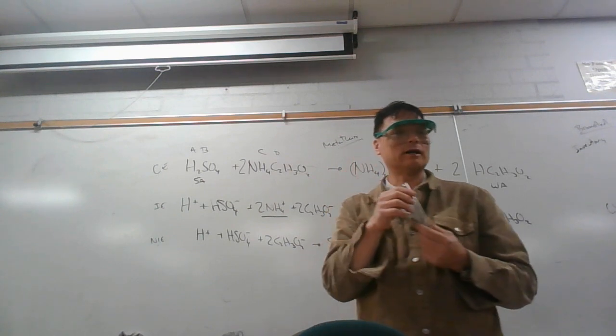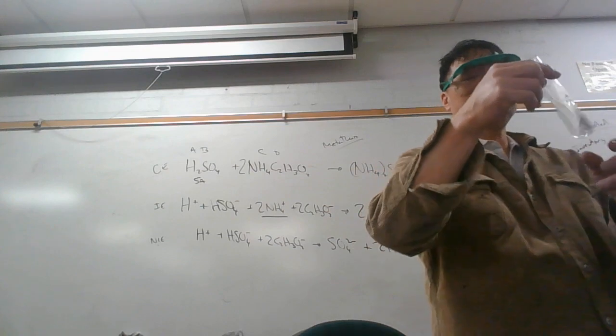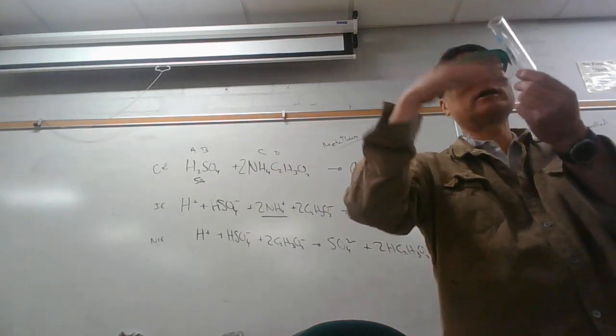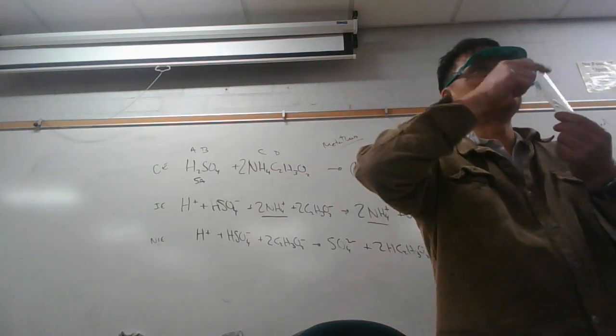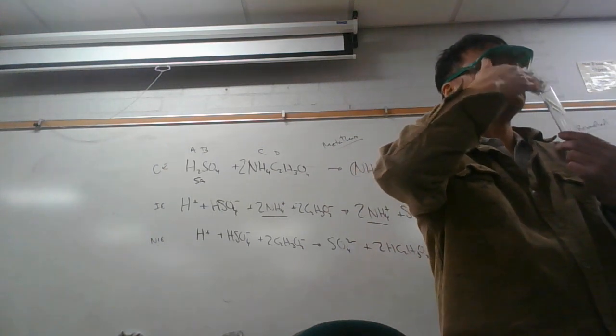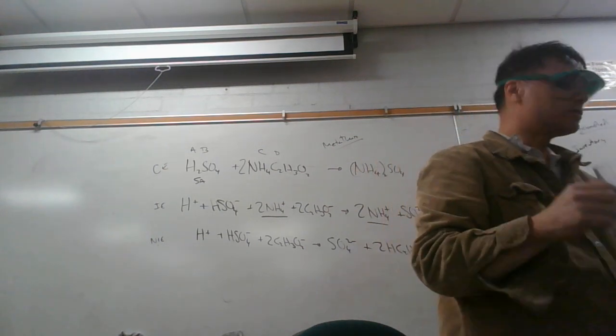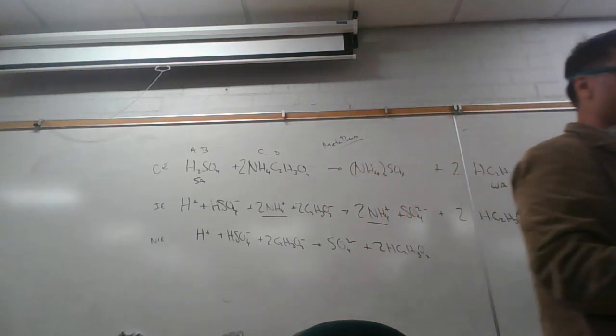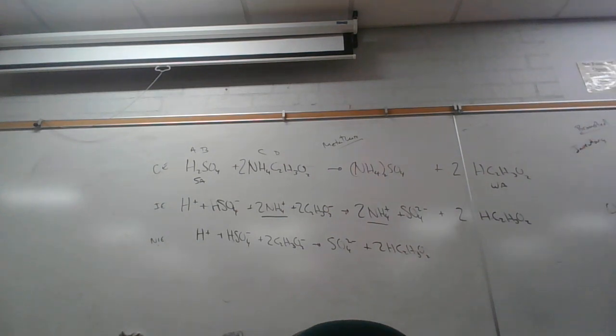Careful. Yeah, I should be careful. If I agitate the solution, maybe I can get more of the acetic acid to volatilize off. Okay, so there was a little bit of evidence of reaction there. This one is just ammonium sulfate and acetic acid, so I'm just going to dump it.